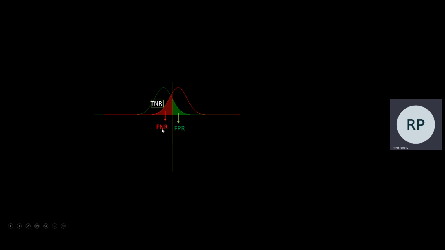Similarly, you have the false negative rate and then the true positive rate. And now you can see why the true negative rate and false positive rate sum to 1, right? And you can map these back to the confusion matrix we had earlier.